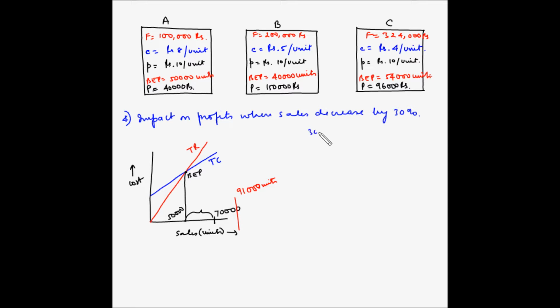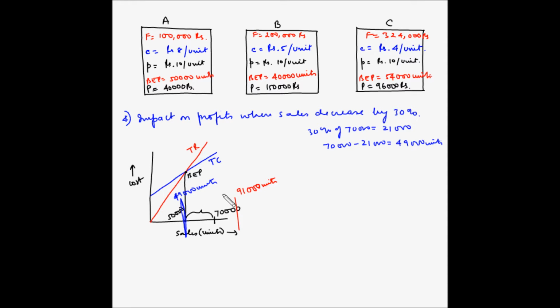So 30% of 70,000 is 21,000, and 70,000 minus 21,000 is 49,000 units. So now the new sales is here, which is 49,000 units.